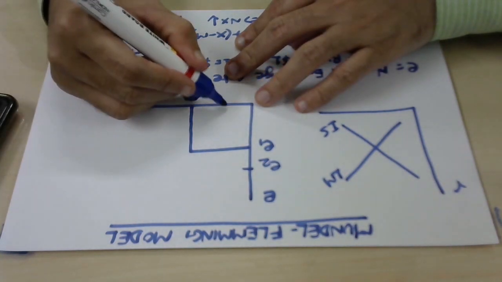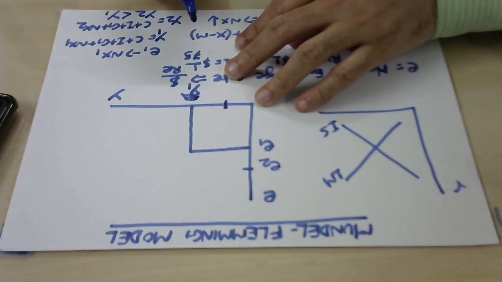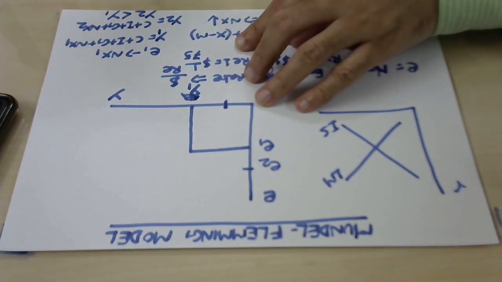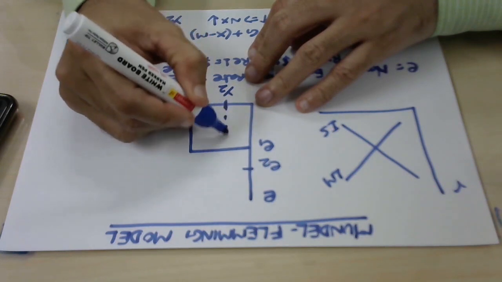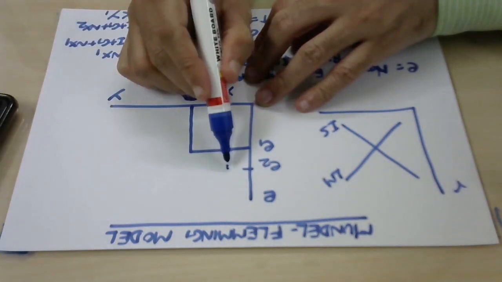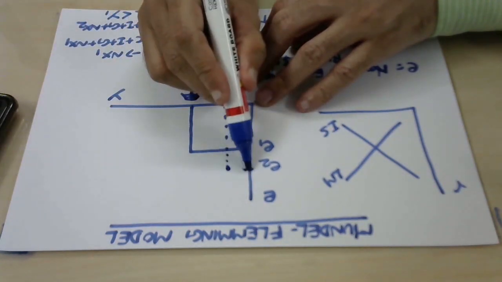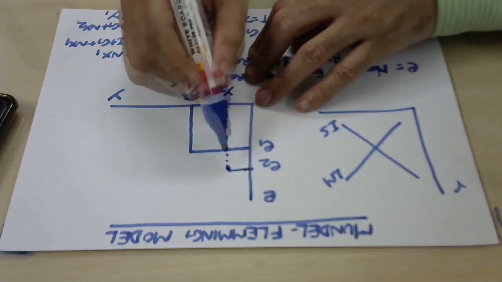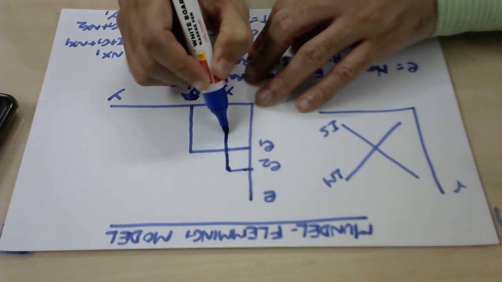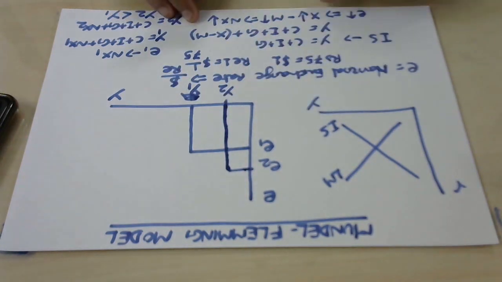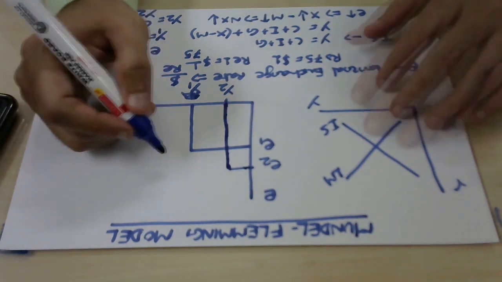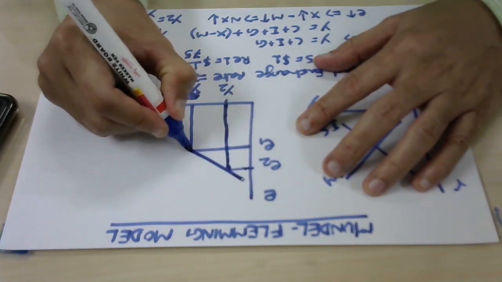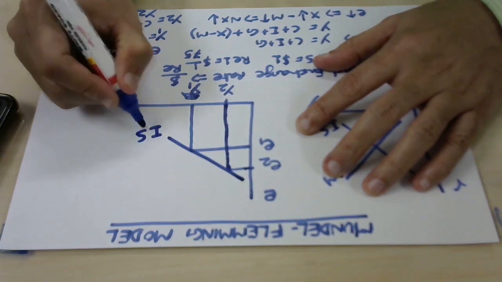So this is another combination, E2 and Y2, where we find the goods market is in equilibrium. The goods market equilibrium is represented through Y equals C plus I plus G plus NX. So when I join the two points, I get the IS curve.